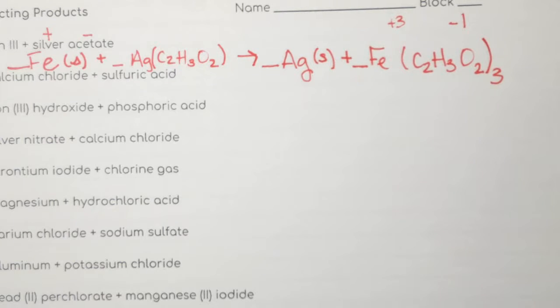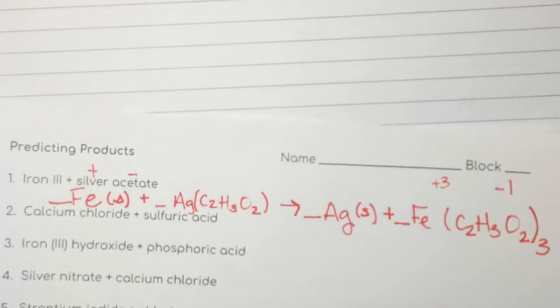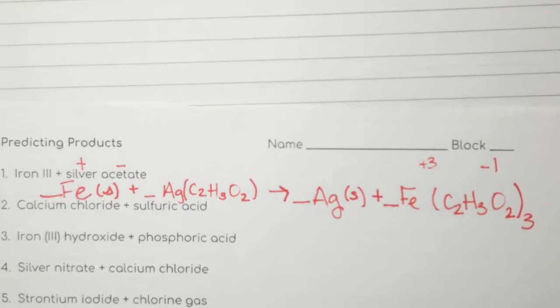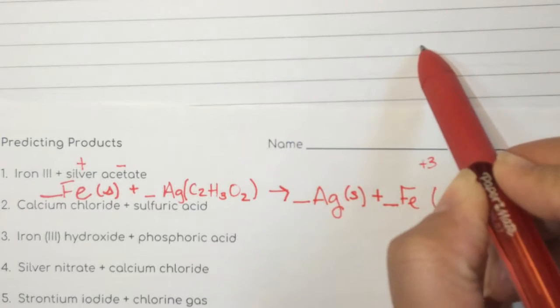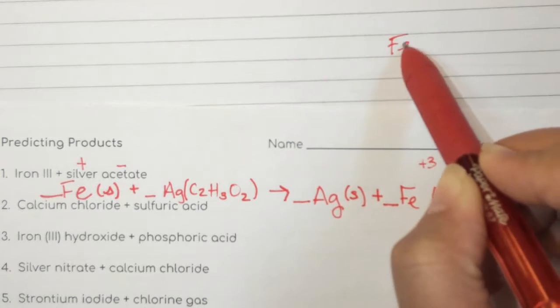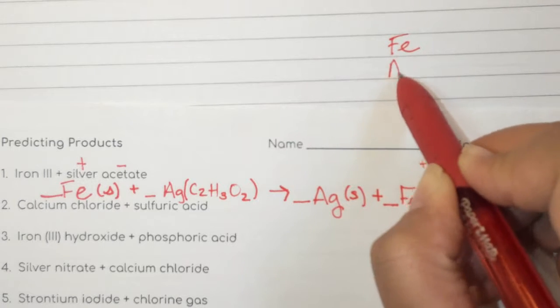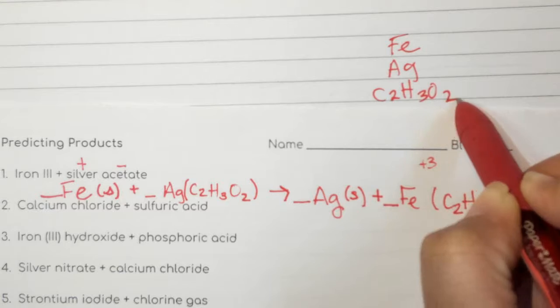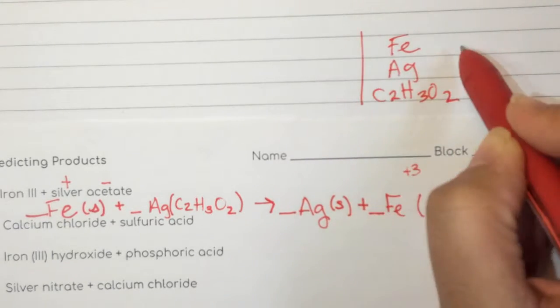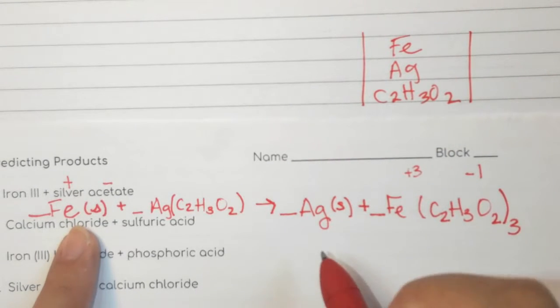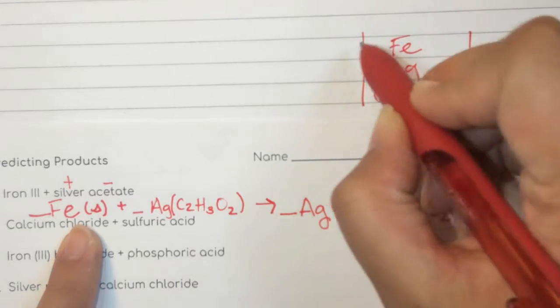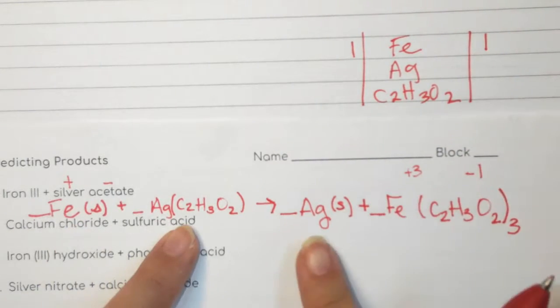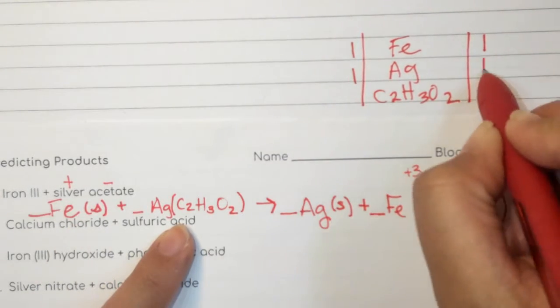And then now we can balance. And balancing should be pretty fresh on your mind from yesterday. So I have iron, I have silver, and I have acetate. Okay. I know that I had 1 iron and 1 iron on both sides, 1 silver on both sides.